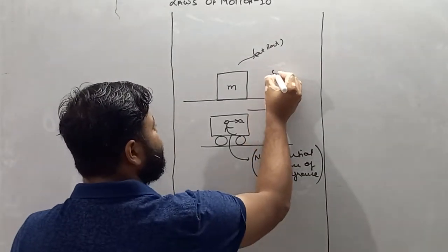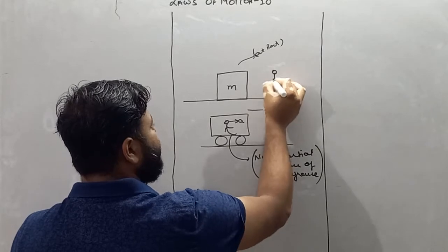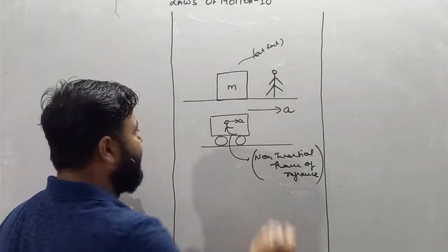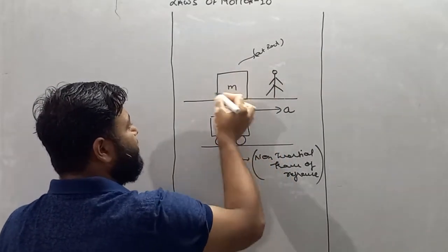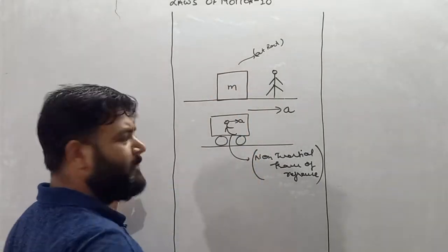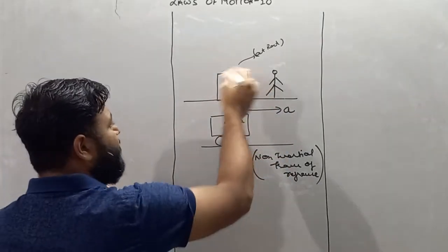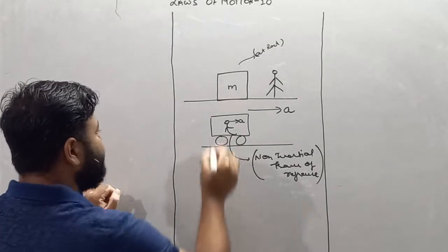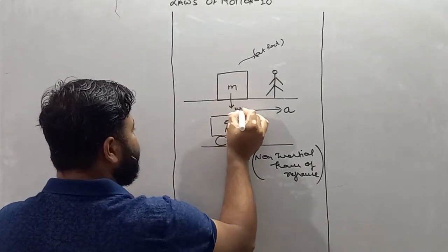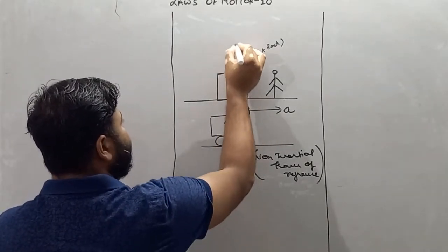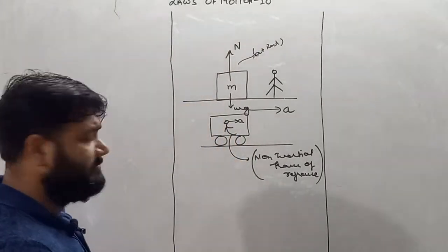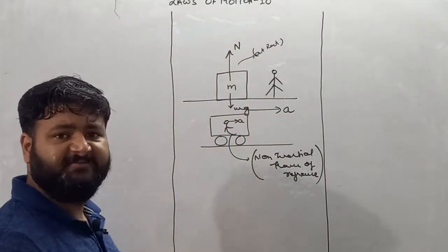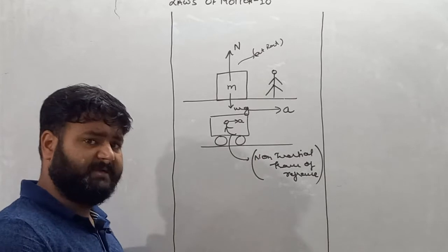Just imagine yourself to be at this platform. Now if you see this block is at rest, make the FBD of this block under rest condition. So vertically downward it is mg and in the upward direction a force is acting on this block. That force is called the normal reaction force.